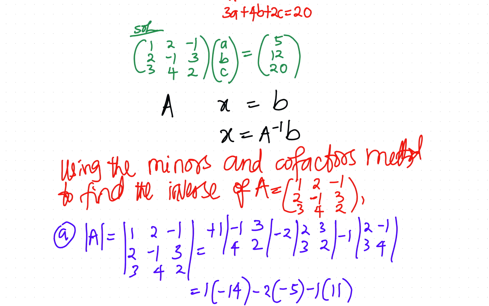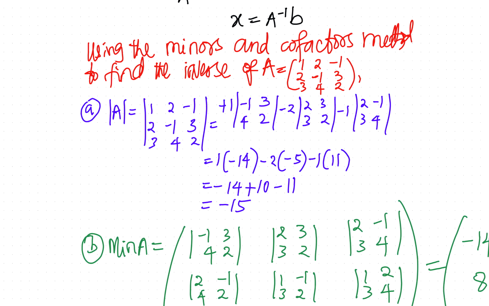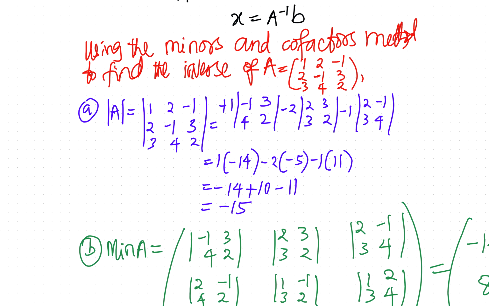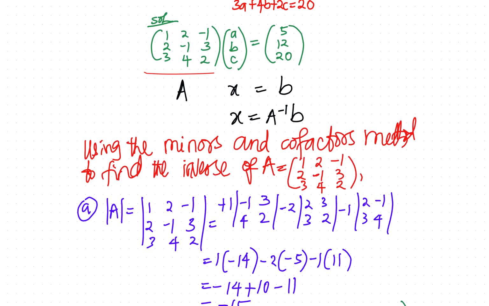The other time I used the Gauss-Jordan method. Now, let's see, I want to use the minors and cofactors method, to explain to you that you can use any method you choose as it's convenient for you. Okay. So don't forget the matrix of coefficients is 1, 2, minus 1, 2, minus 1, 3, 3, 4, 2. So we are looking for the inverse.